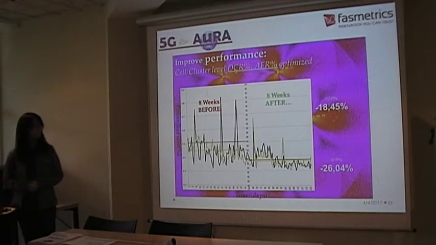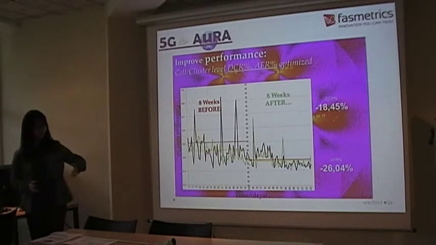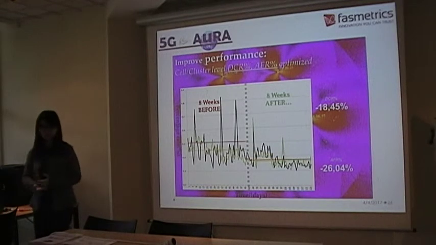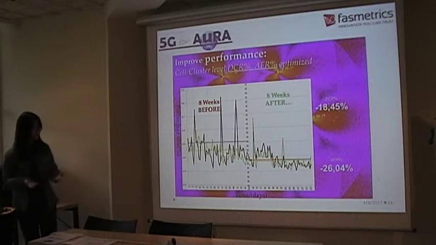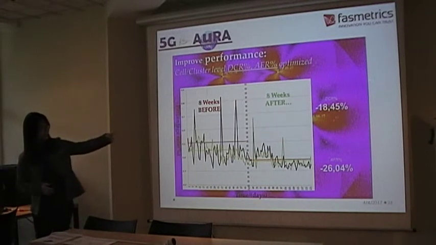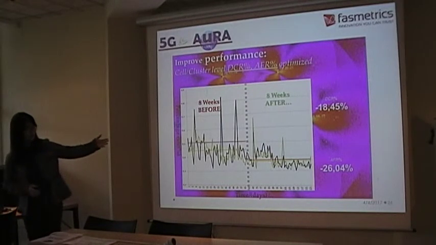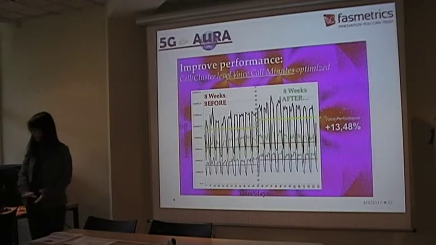The first shows the drop call rate and access fail rate for an 8-week period of time before and after we implemented this technology in this cell. And we can see that after we implemented antenna azimuth steering in this cell, the drop call rate and access fail rate were reduced by 18% and 26% respectively for the 8-week period of time.